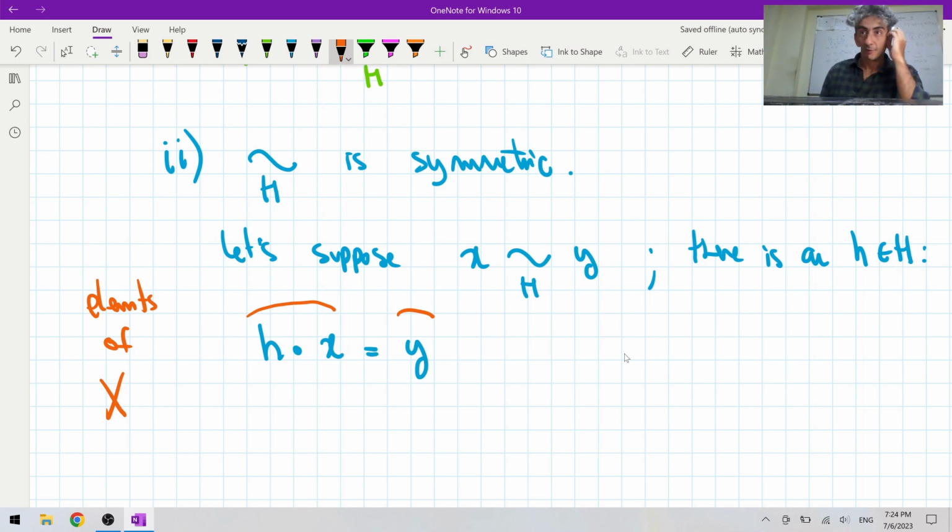So let's use h to the minus 1 to act on this element.